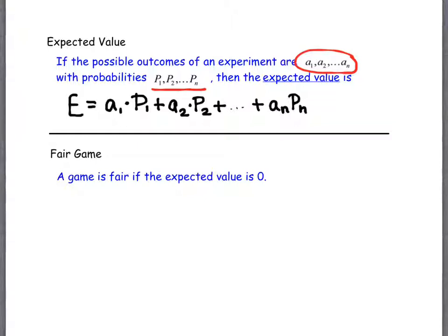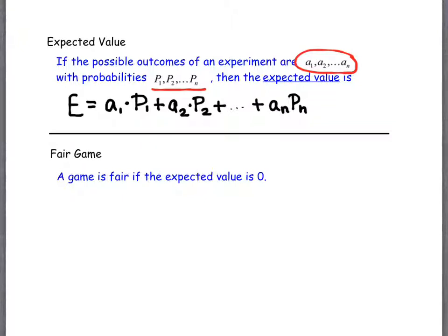All of these are numbers, okay? So I'm not talking about boys and girls anymore. They have to be numerical values for expected value to make sense here. So these are numbers we're adding and multiplying together, obviously. I don't multiply boys and girls, just to clarify.